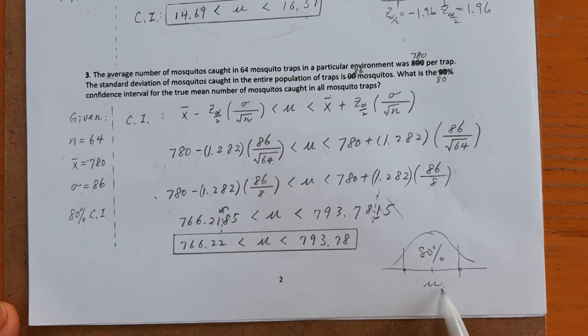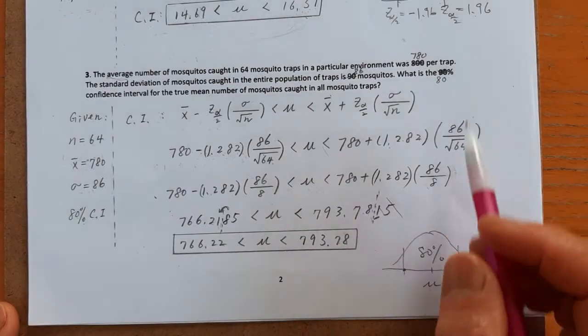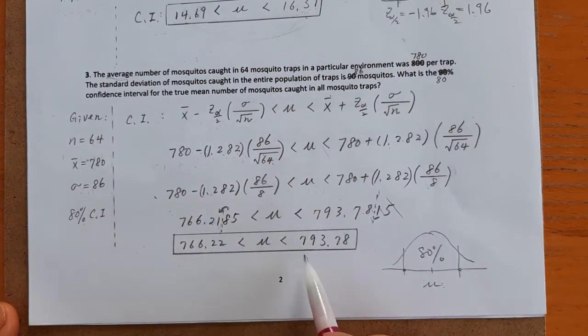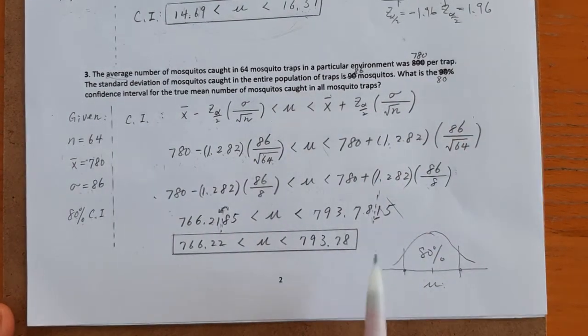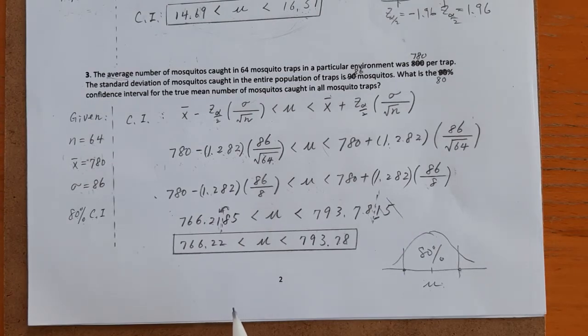The true population average, how many mosquitoes per trap, is falling between 766.22 and 793.78 with 80% confidence.